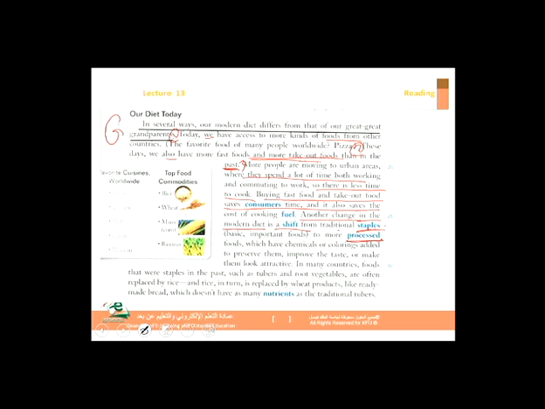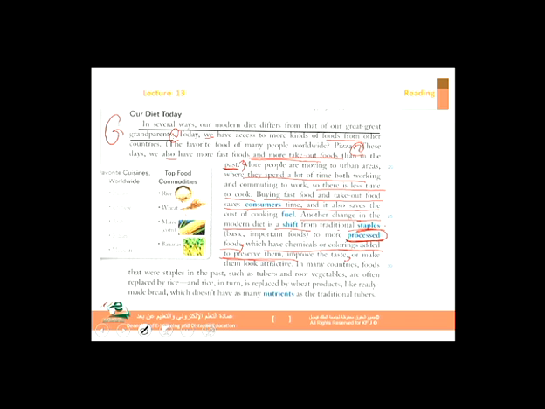They have chemicals or coloring added to them to preserve them. So this is what's meant by processed foods: foods that have chemicals or colorings added to them. How do we know that? Because we have commas here.